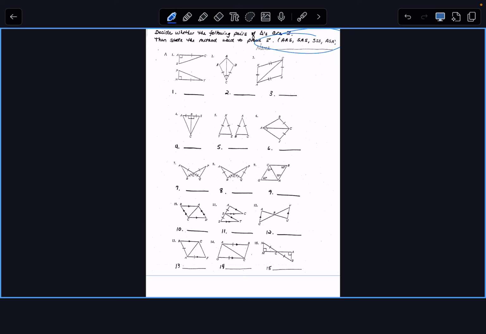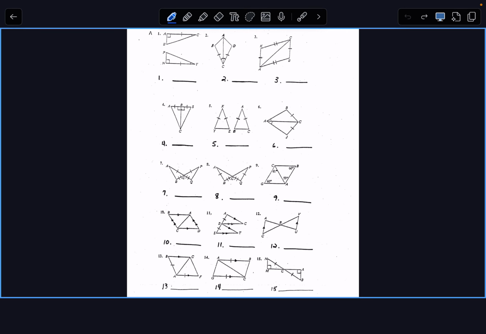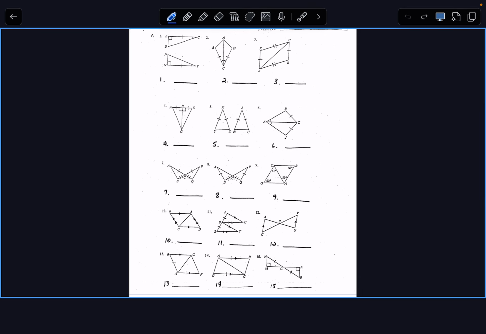Okay? So yes or no, hypotenuse leg could be there. Yes or no, and tell me why. I'll give you like 3 to 5 minutes to work with your elbow partner and figure out who's congruent and why.